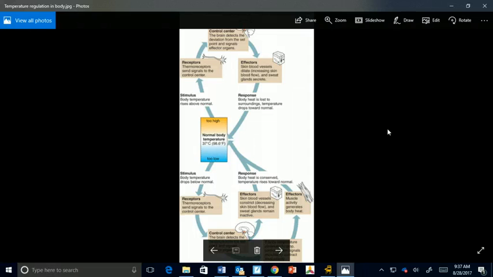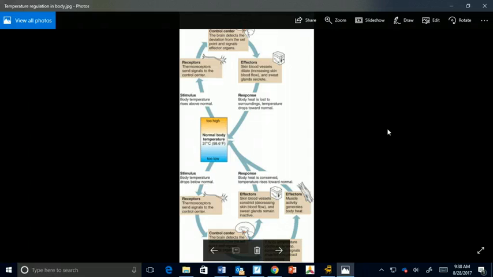As your body temperature goes back to that normal set point, the brain sees that and turns off. You don't just keep sweating indefinitely. You sweat for that small period of time while you're too warm, and once you're back to normal, you're good. Does that make sense? Same loop could occur in the cold direction, but of course different effectors would be happening, right?